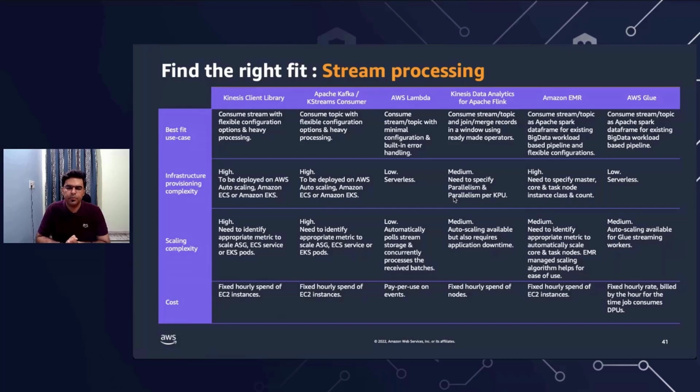with minimal configuration possible, because there is built-in error handling, there are a lot of features available without managing or configuring the knobs available. For Flink, we have a very specific use case wherein you need to do a join or a merge of records on a windowed basis, so that you can use the ready-made operators available from our use case perspective.